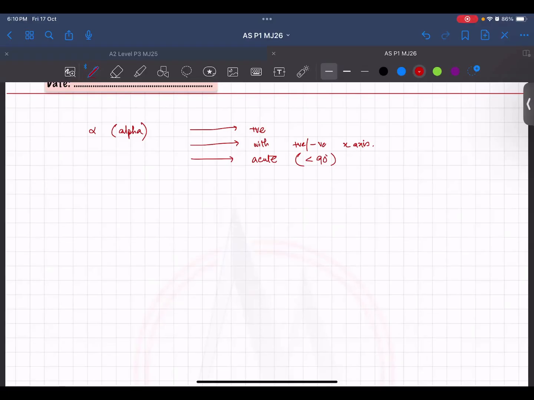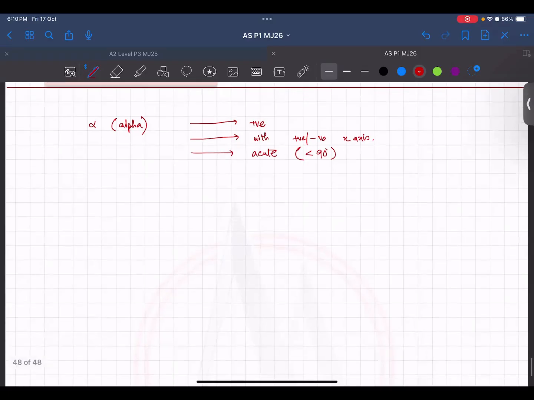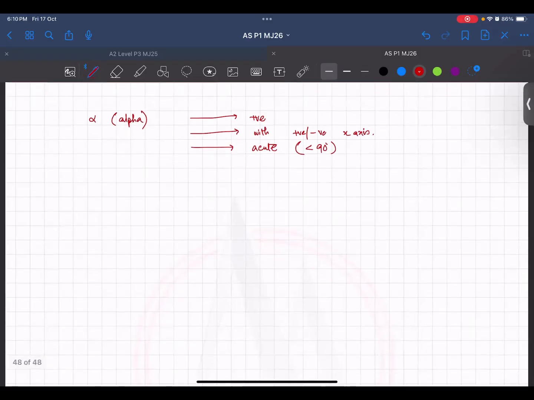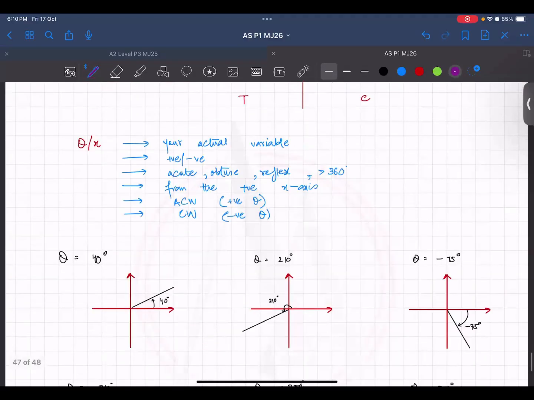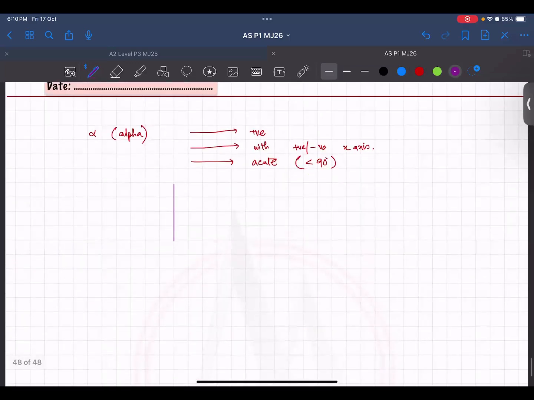Is there anything else? No, I don't think. Okay, so using this definition, there is no direction for this alpha. Over here for theta, we had the direction. If you move anti-clockwise or clockwise, then we get positive, negative values. Over here, direction is not important.